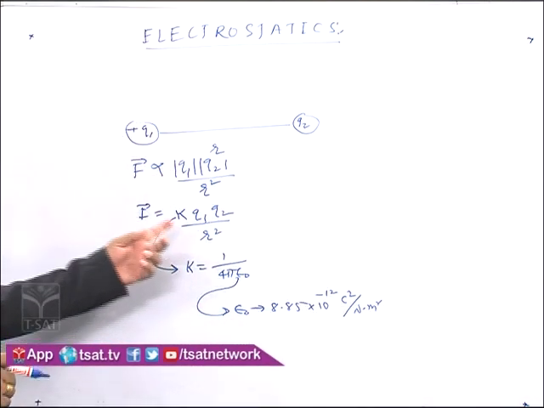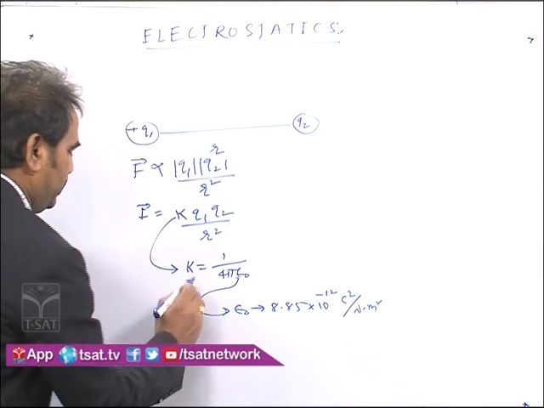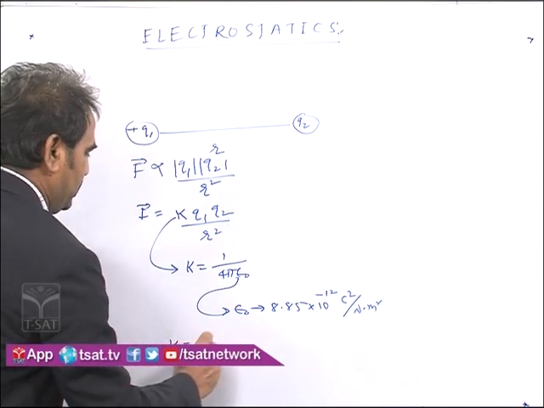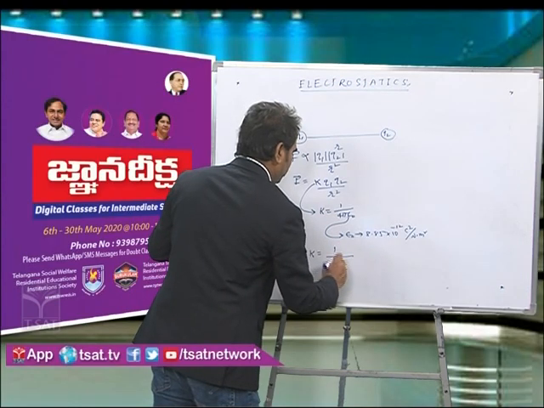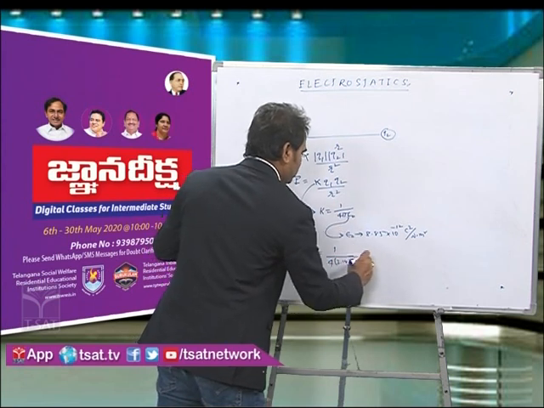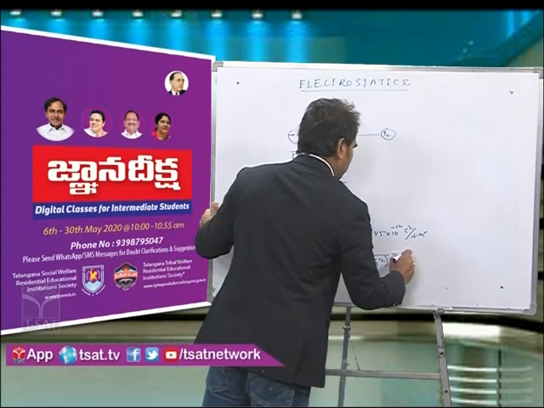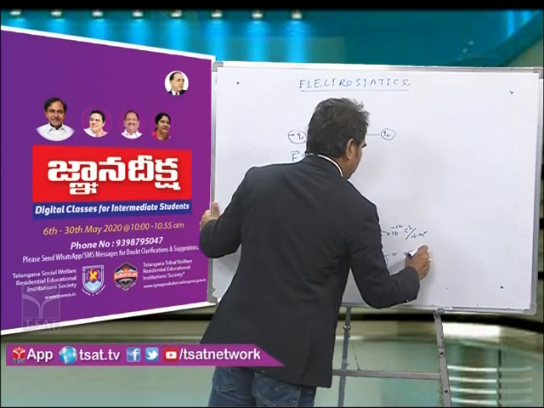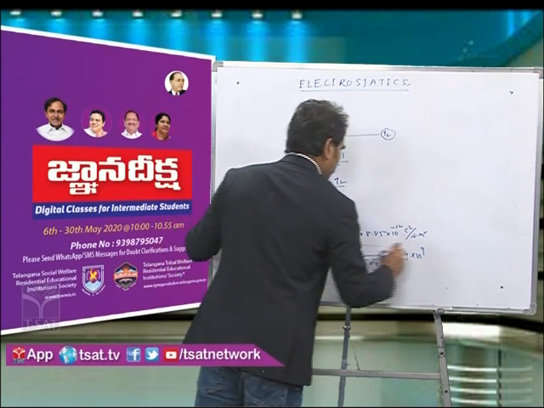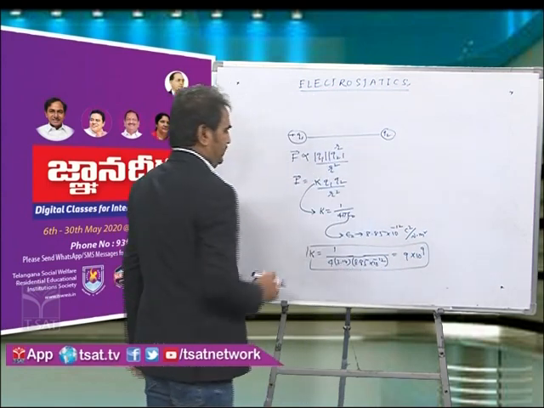When this value is substituted in the above equation, we get the constant k equal to 1 by 4, pi value 3.14, into epsilon naught value 8.85 into 10 to the power of minus 12. So this value is equal to 9 into 10 to the power of 9. This is called the proportionality constant k.